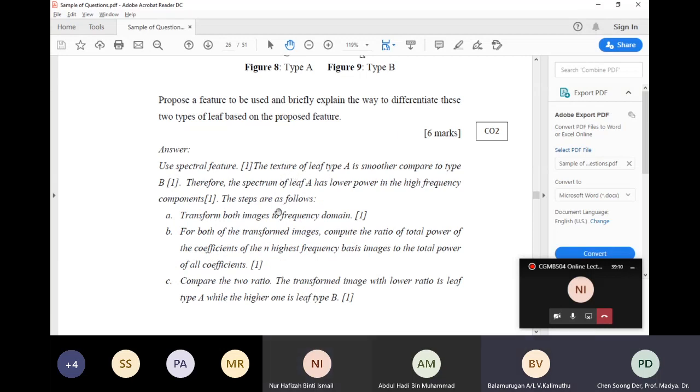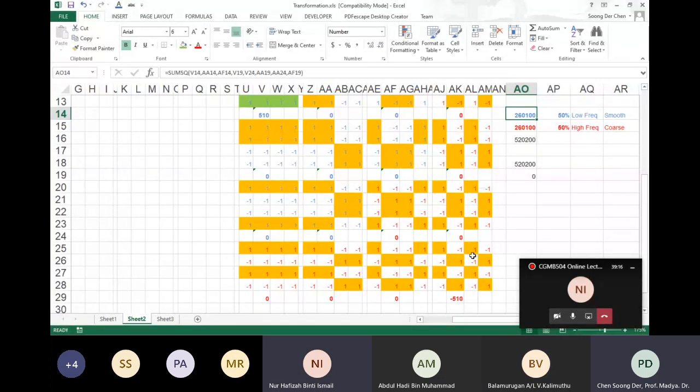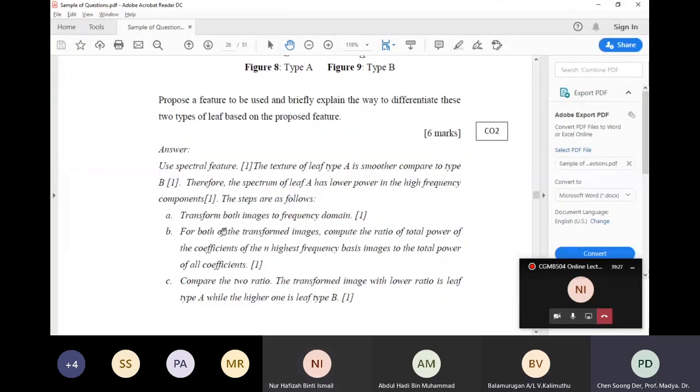So for the texture, what we do here is we transform the image to the frequency domain. We find the coefficient for each of the basis images. After that, compute the ratio between the total power and the highest frequency.